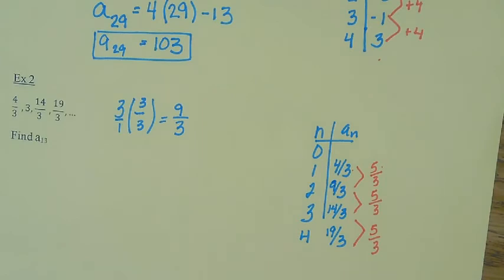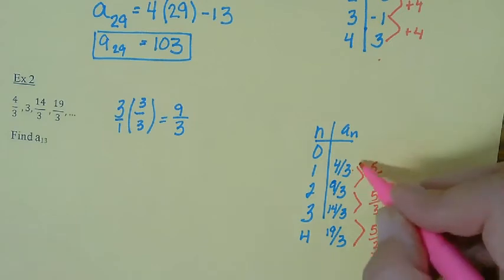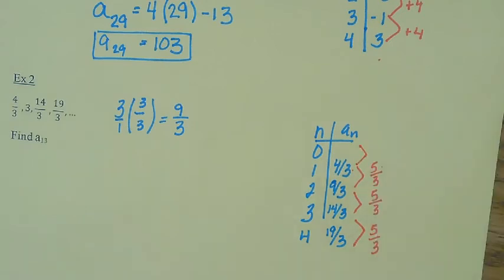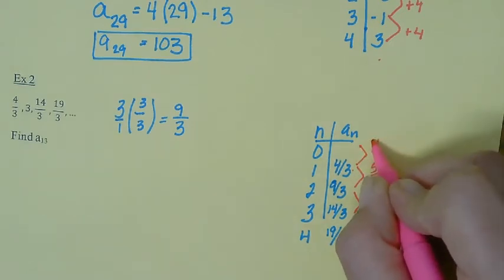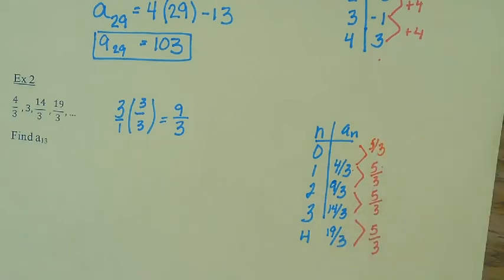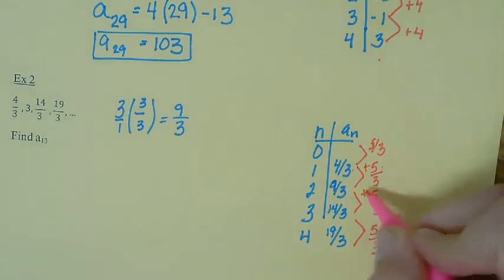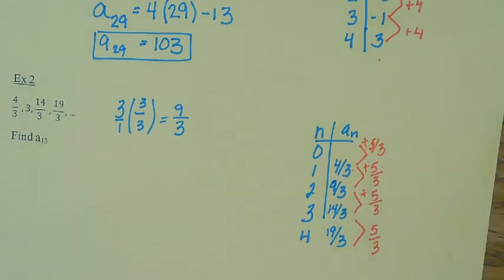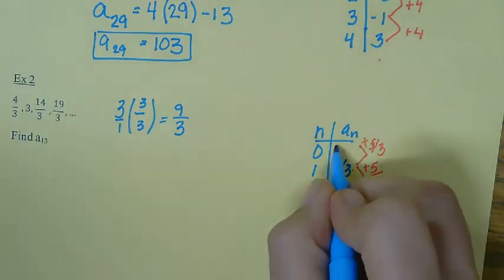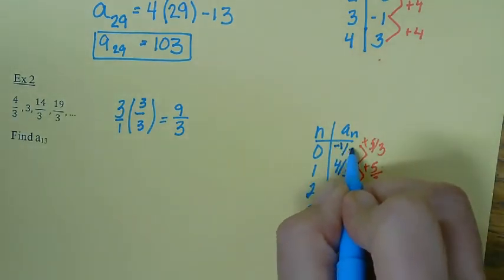But we should be able to add and subtract fractions with the same denominator. Now I need to go backwards. So from 4/3, instead of adding 5/3, I would subtract 5/3. Or 4 minus 5 is -1/3.